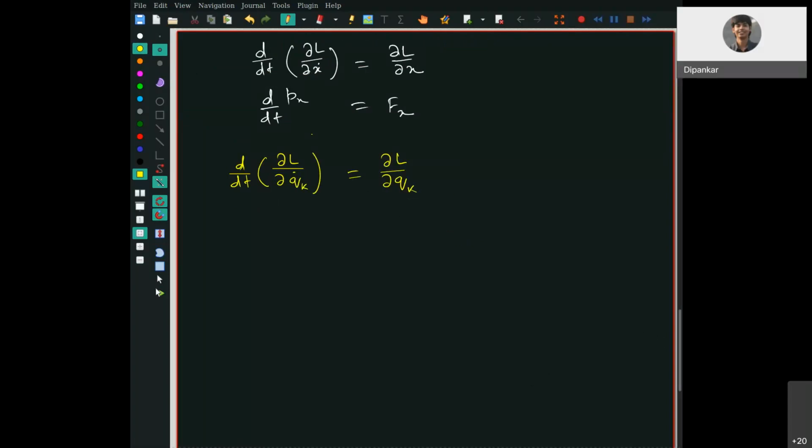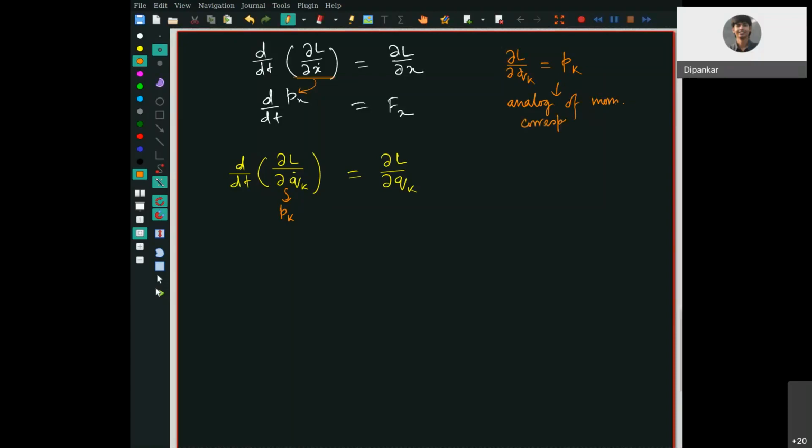Now, in analogy with del L del x dot being px, if qk is my coordinate in the kth direction, and I identify an analog of momentum, I identify this del L del qk dot as pk, the analog of momentum corresponding to qk. This I would call my generalized momentum.